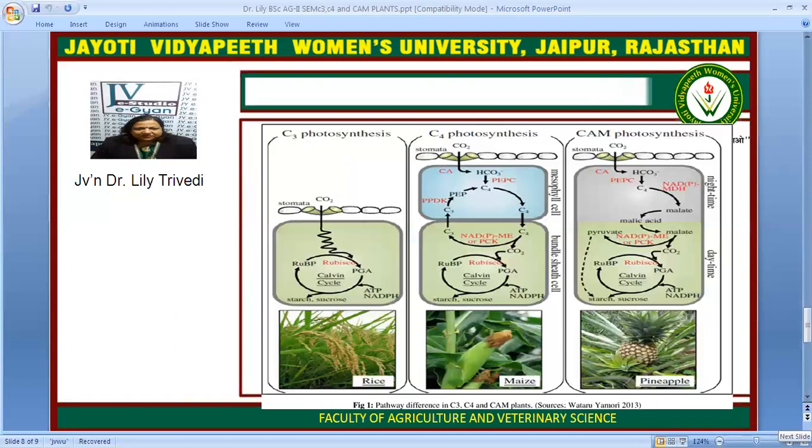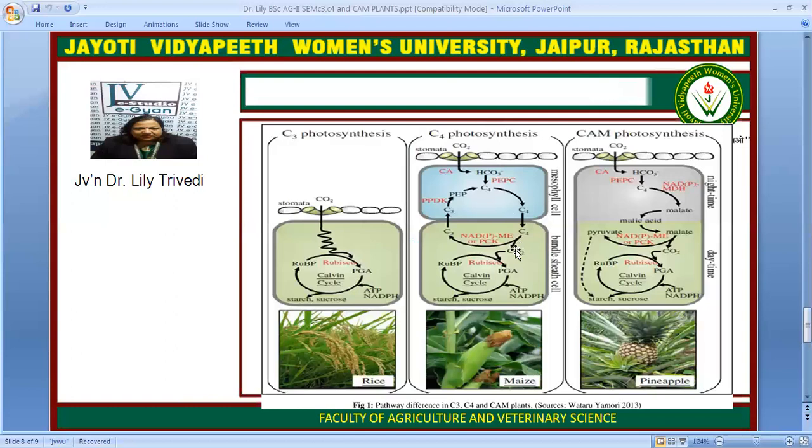This is the diagrammatic representation of C3, C4 and CAM photosynthesis. So here you can see the direct carbon dioxide is entering the cycle, PGA, first product. Here it is entering into the C4 plants, and from here carbon dioxide, this is a different cycle, and the first compound is a C4 compound.